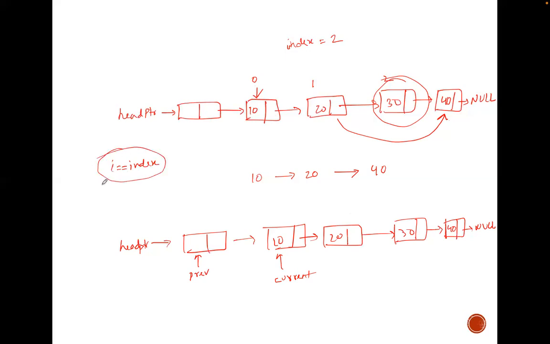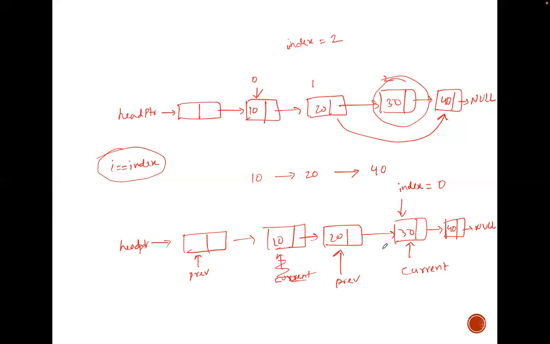At that position, current will be pointing to node 30, which is the node that we are going to delete, and previous will point to node 20.